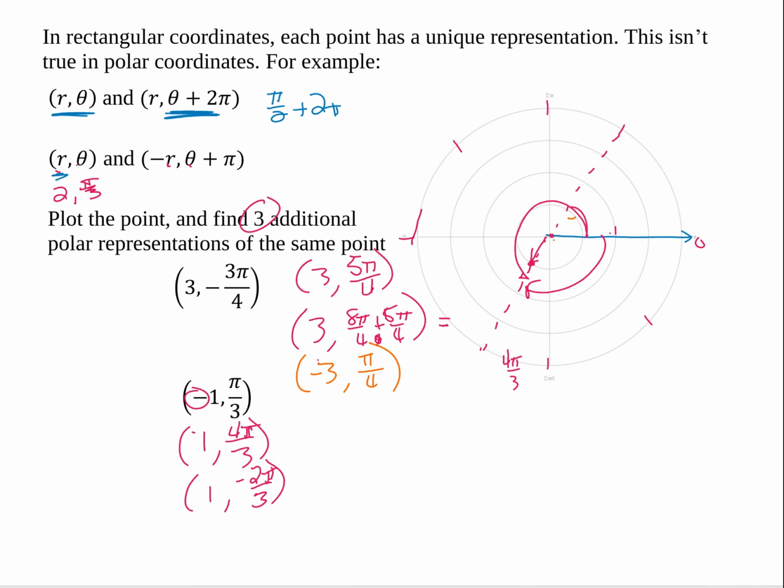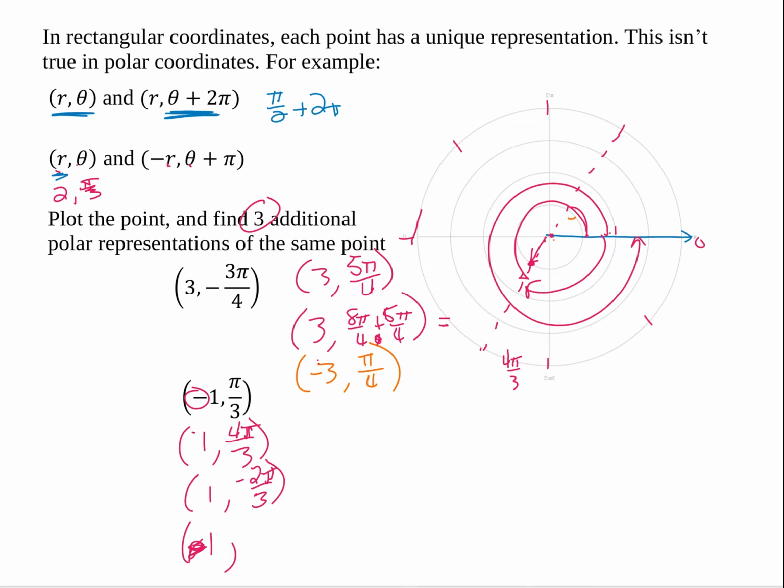Well, let's see. If I did a negative 1, I kind of already did a negative 1 with that pi over 3. So what could I do instead? Let's see. Maybe I don't want to do a negative 1. That'd be too complicated. So let's get that out of there. Let's do a positive 1 and do something different. Let's go in the positive direction around the circle twice. So we're going to go around 1 full time to here.